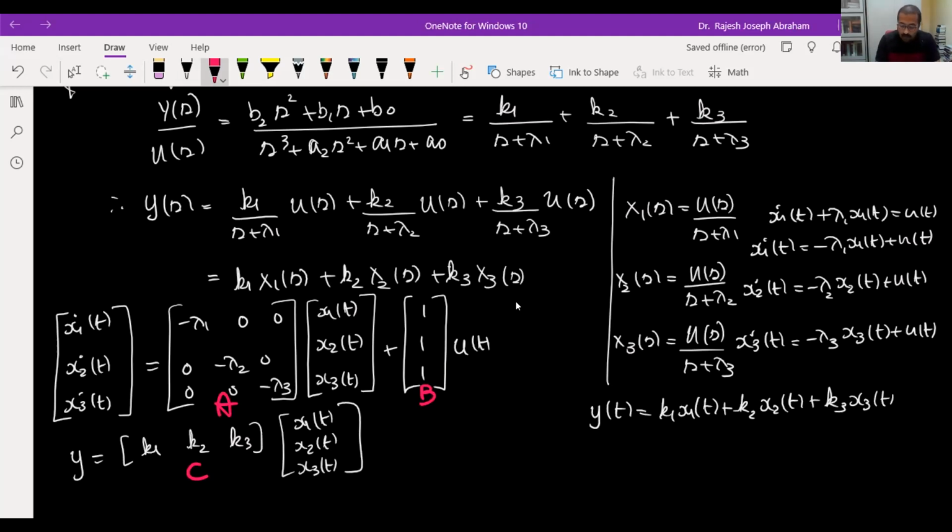Now you see the system, this is the A matrix. All the diagonal elements are given by the eigenvalues, and all off-diagonal elements are 0 in diagonal canonical form. Similarly, the B matrix comprises only ones. The K1, K2, K3 are actually called residues, and they constitute the elements of the C matrix.